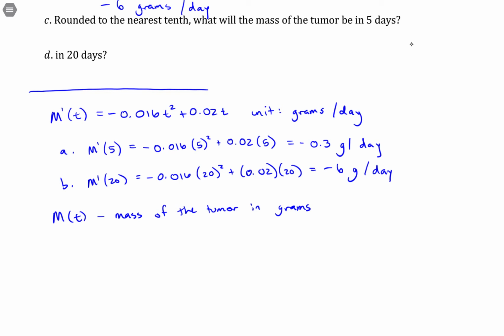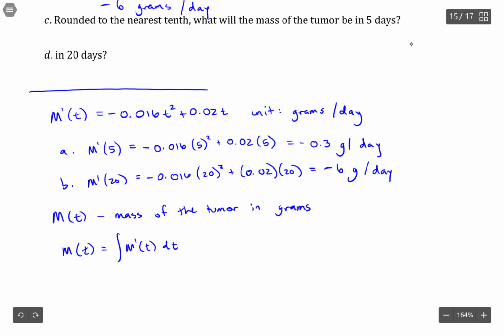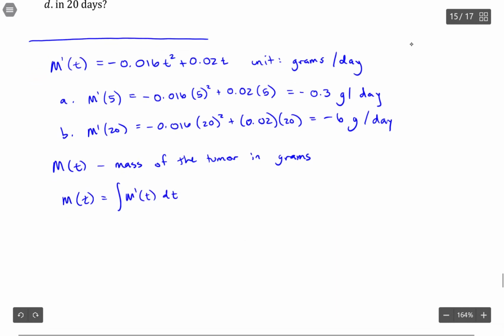So that's the original function, and we need to find this original function. So the mass of the tumor after 5 days. Well, first off, we need to get that function. m of t is going to be the antiderivative of the derivative of m of t.